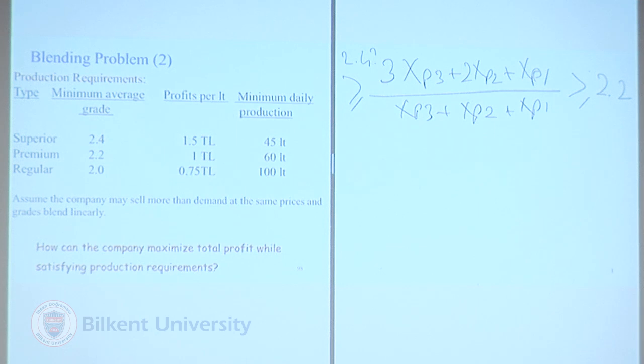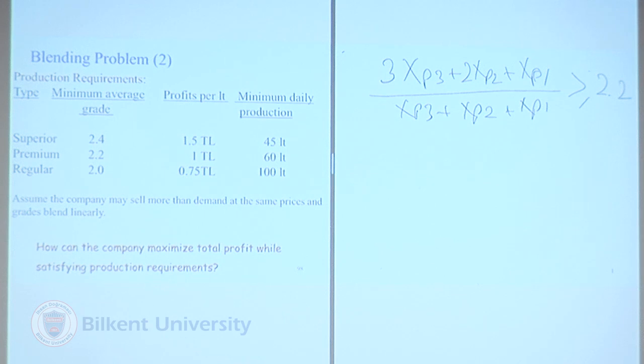Shall I not sell regular juice? It has 100 liters of demand. It says minimum, right? So as long as it's above 2, I'm okay. I'm allowed to label it as premium, regular, or superior. Got it? Okay, then I won't put it here.